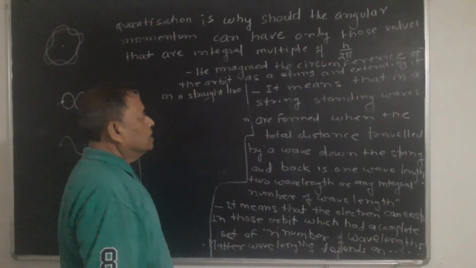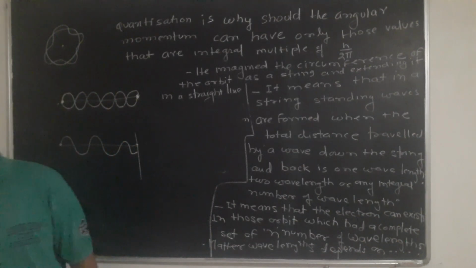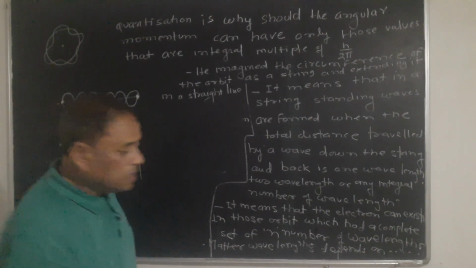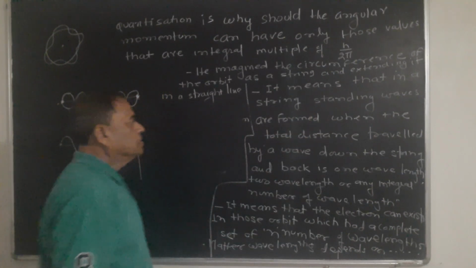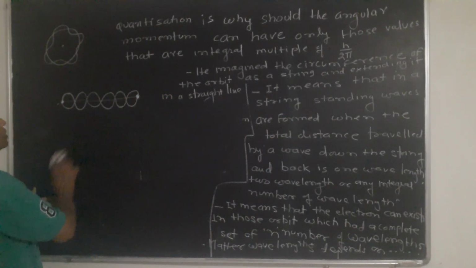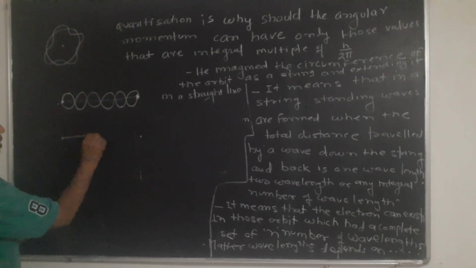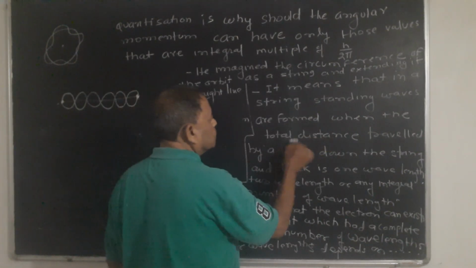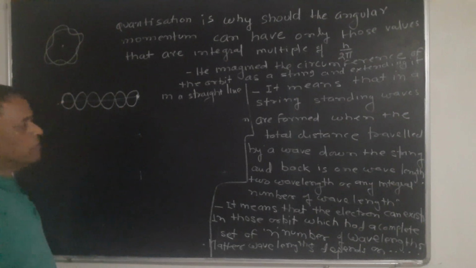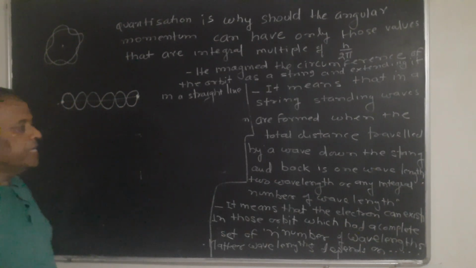So in a string, standing waves are formed. A standing wave is formed when the total distance travelled by the wave down the string and back is one wavelength, two wavelengths, or any integral multiple of wavelength.